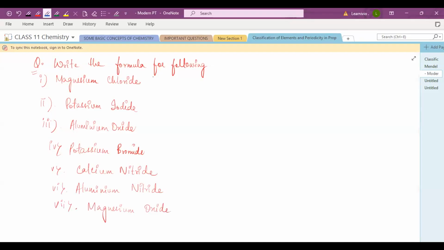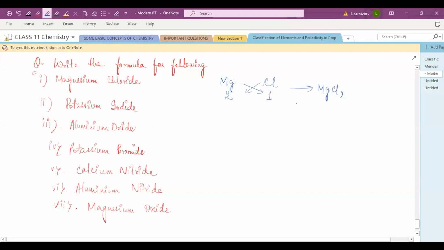If you know the valency, you can easily write down the formula. I'm doing the first one for you. See magnesium chloride. For magnesium, we know the symbol is Mg, and chloride is chlorine, right? The valency is two for magnesium, and for chlorine, it is one. So you will use the crisscross method, and the formula is MgCl2.